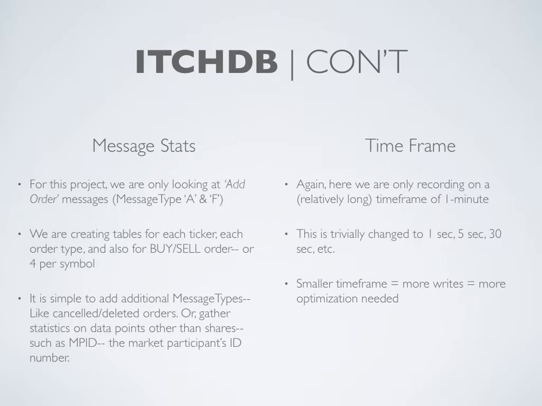It's pretty simple to add additional message types to filter in canceled or deleted orders. And also you can look at other statistics rather than just looking at the number of shares added. You can look at data points that are included in those messages, such as the MPID, the market participant ID number. Perhaps you think that that's an interesting thing to keep track of.